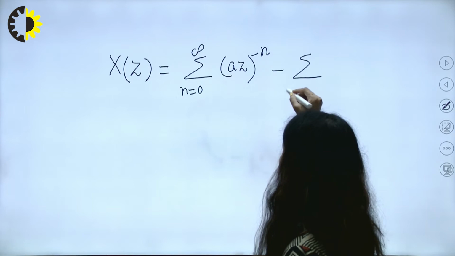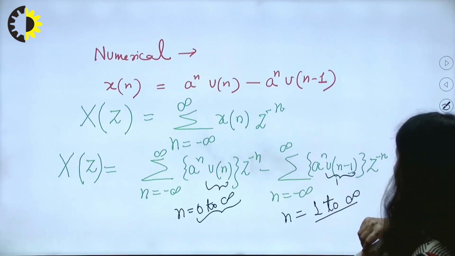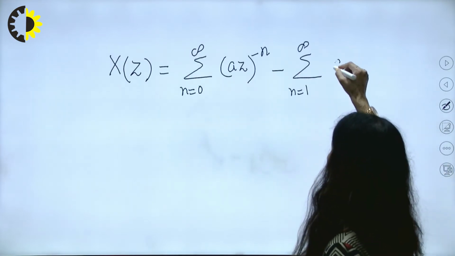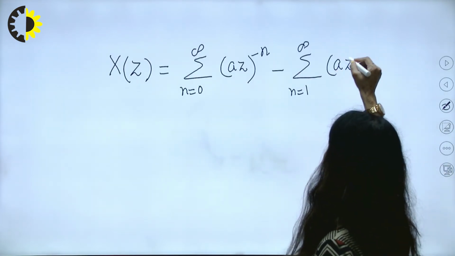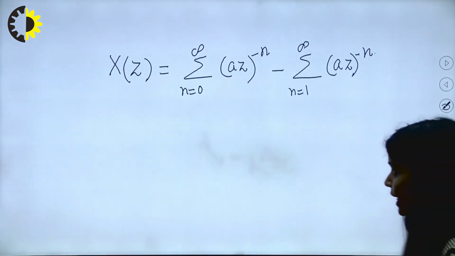According to the linearity property, the second summation runs from n equals 1 to infinity.